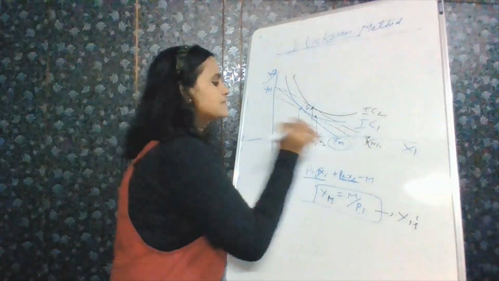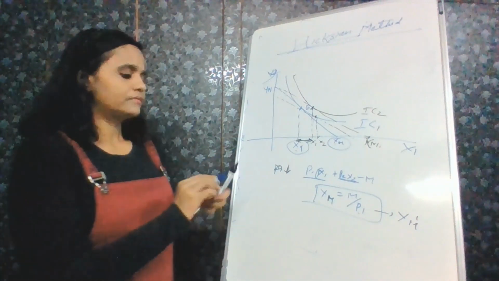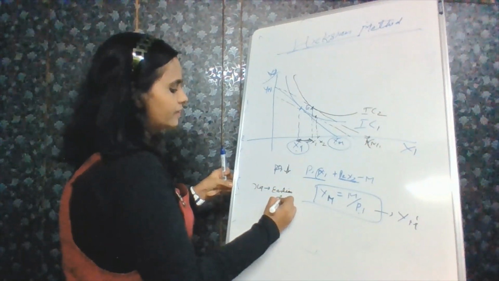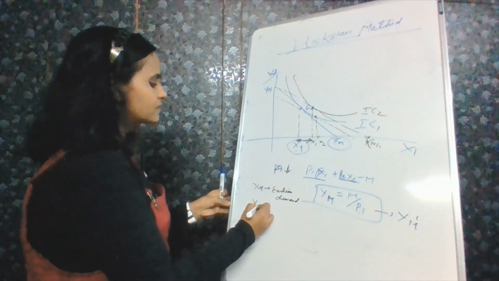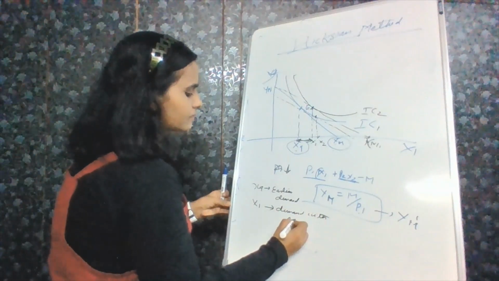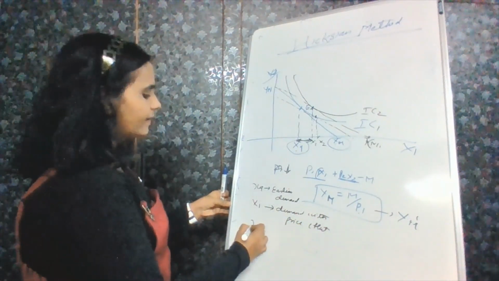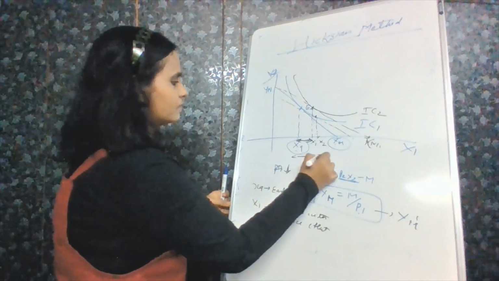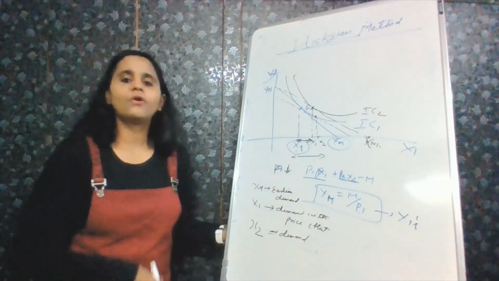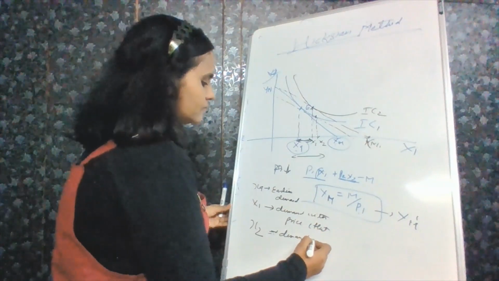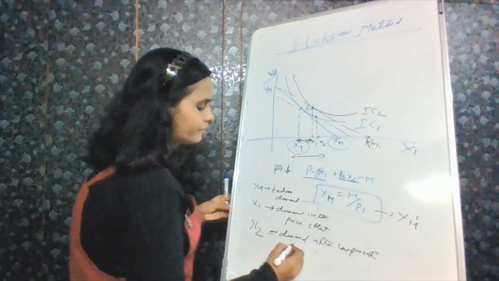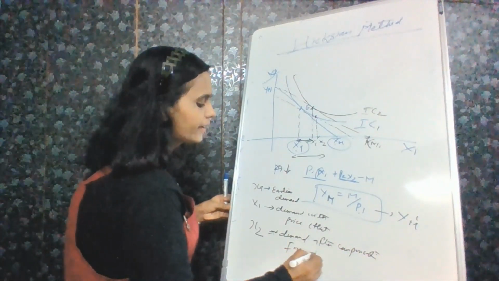So that is your Hicksian compensated demand. Here XA was your earlier demand for X. X1 is the demand with price effect, and X2 is the demand after compensating for loss in income or increase in income, that is, demand after compensating income using the Hicksian approach.